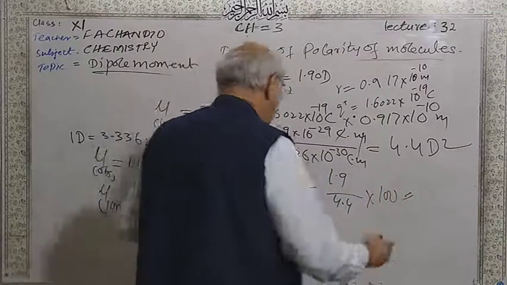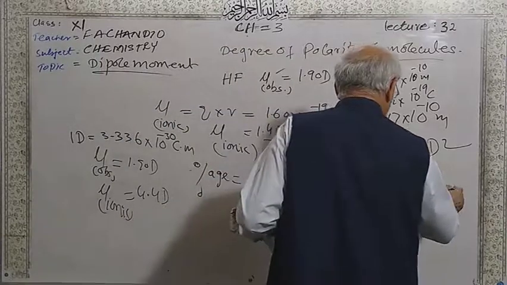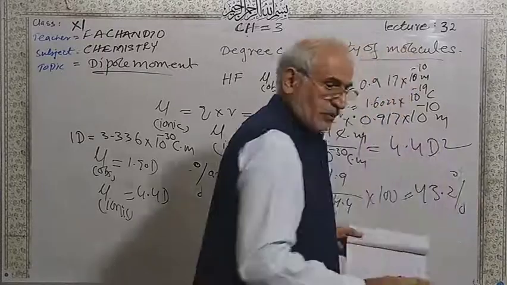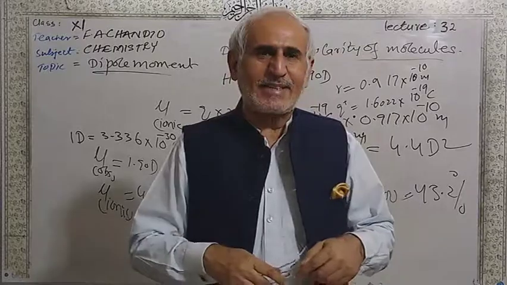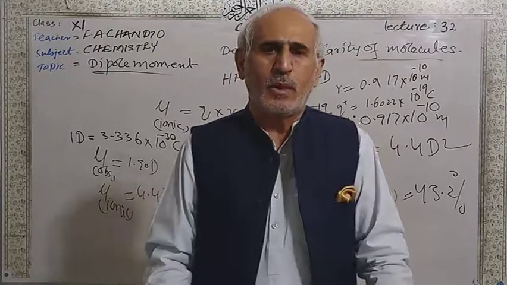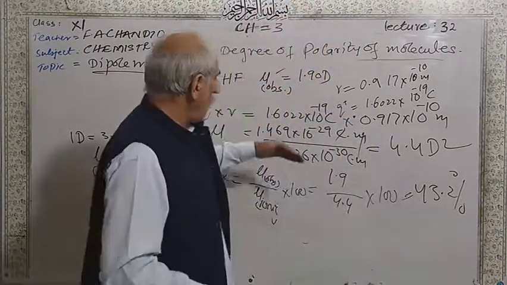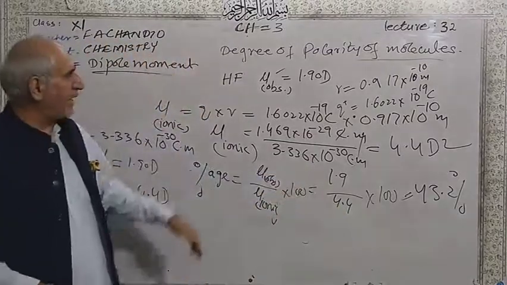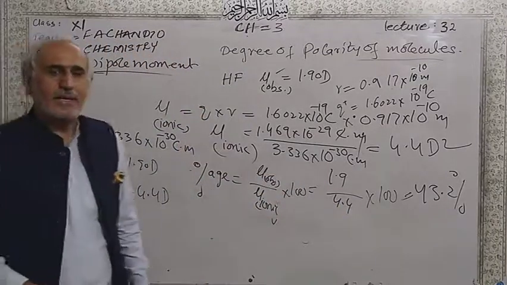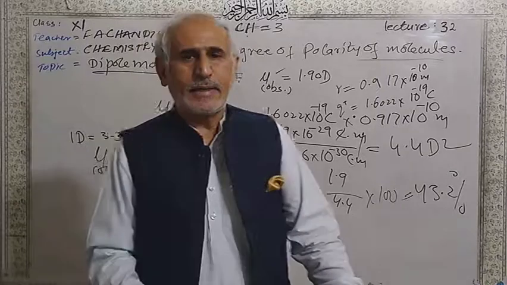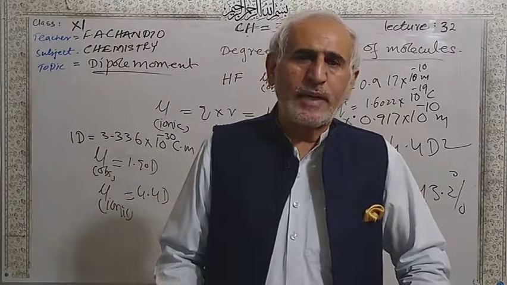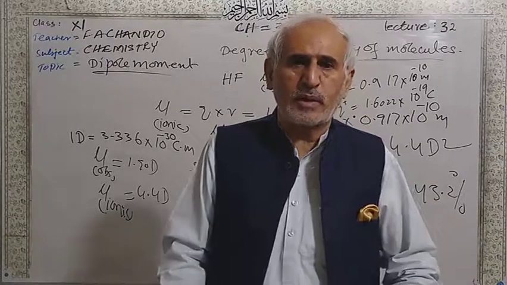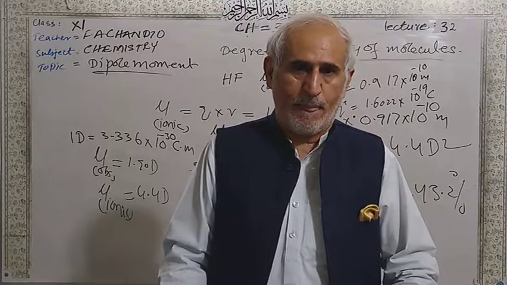So you will get 43.2%. So dear students, 43.2% is less than 50. Less than 50 shows that hydrogen fluoride has covalent character, not ionic character. Covalent character is dominant over the ionic character.